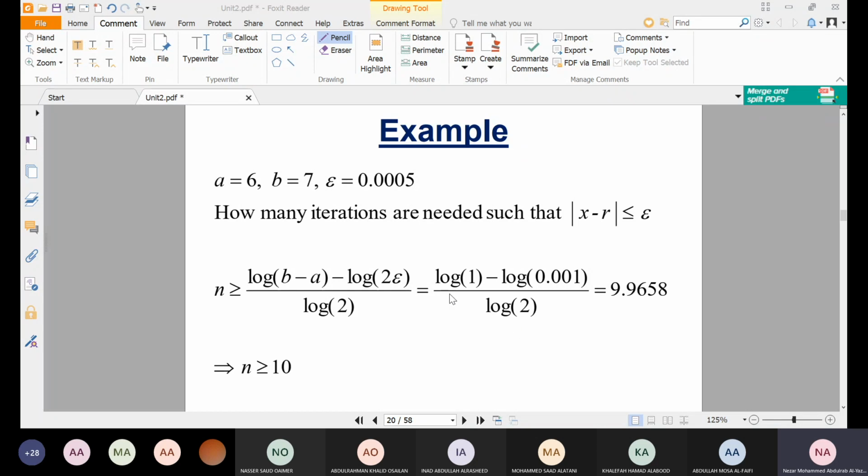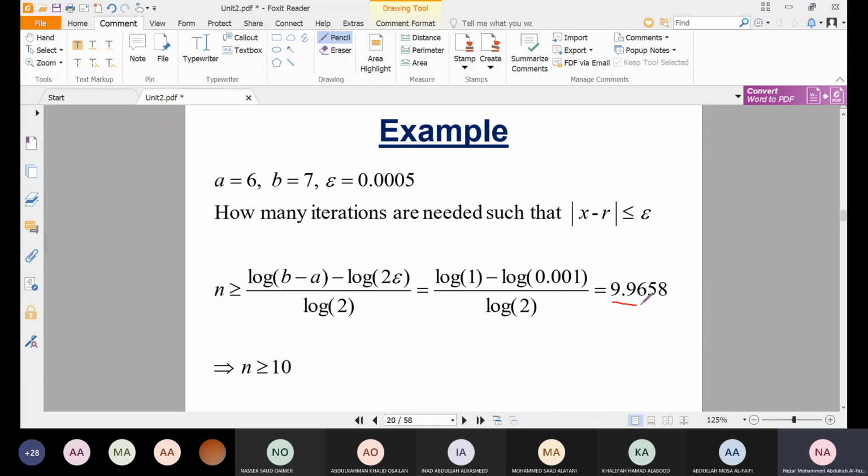If we look at this one, you see how many iterations are needed so that the error becomes 0.005. Here the lower bound and the upper bound are given, 0 and 1. So we take the log of the difference minus the log of 2 multiplied by the error. The difference here would be 1 minus 0, or 1, over log of 2.